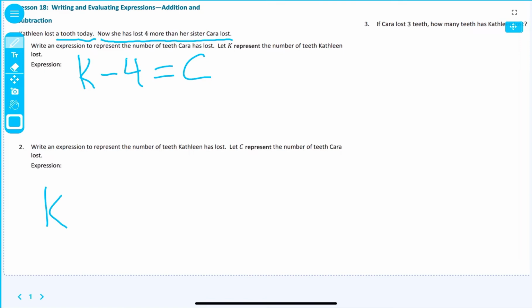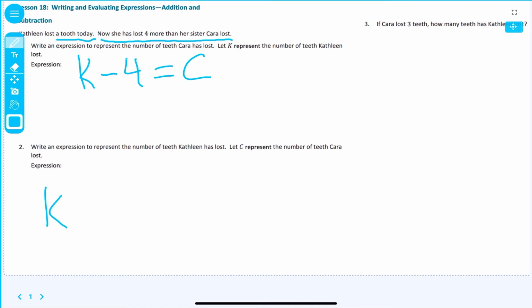Close. We want to do the opposite. But listen, we want K to be by itself. So if we have a minus 4, we want that to be 0 because we want K by itself, right? How do you go from negative 4 to 0? You add 4. Now, if you divide by the same thing, you get 1.